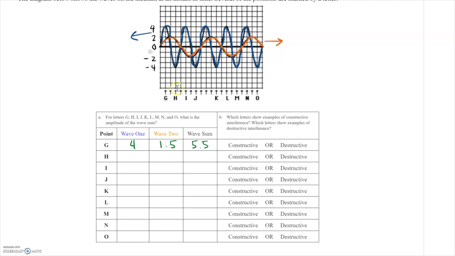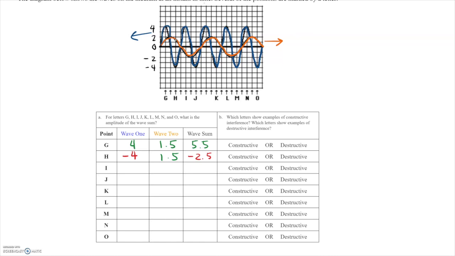Let's move on to point H over here. So point H, if we start with our blue wave, wave 1, it looks like it has an amplitude of -4. And label that in red because it is below the x-axis. And wave 2 is still positive, and now it has an amplitude of +1.5. And so if we take the wave sum over here, we can do -4 plus 1.5. That would give us a -2.5.